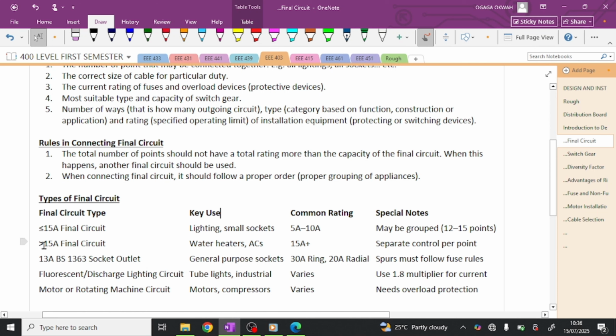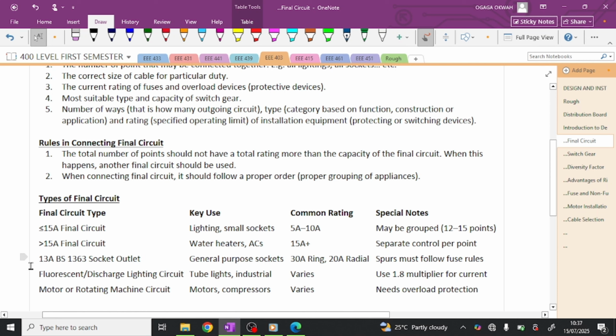Then another type of final circuit is greater than 15 amps. Most times they go for water heaters. This one requires more power, more current: water heater, AC, and the common rating is 15 amps plus, with separate control per unit.